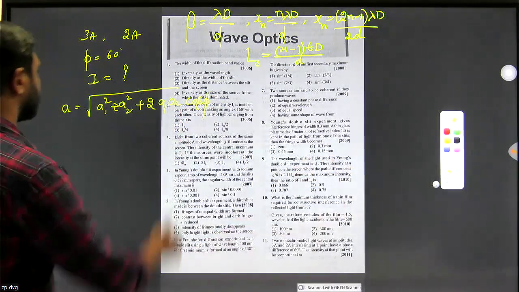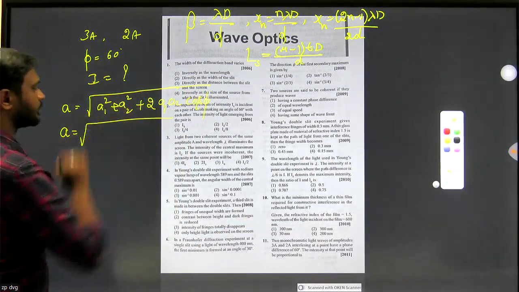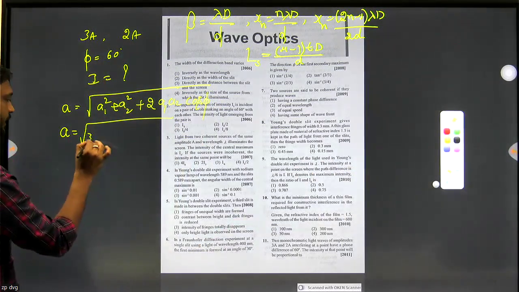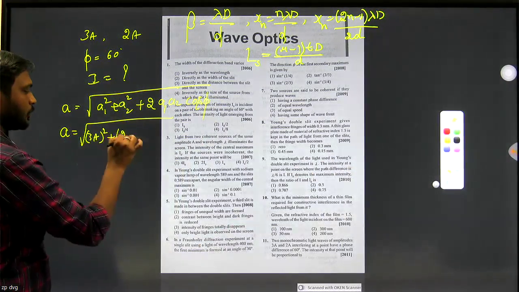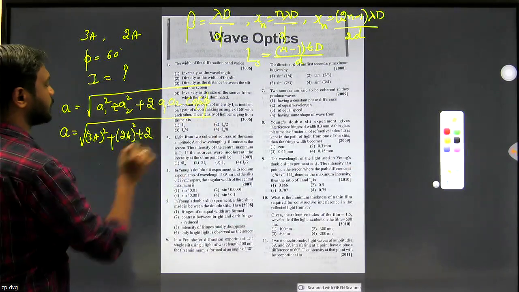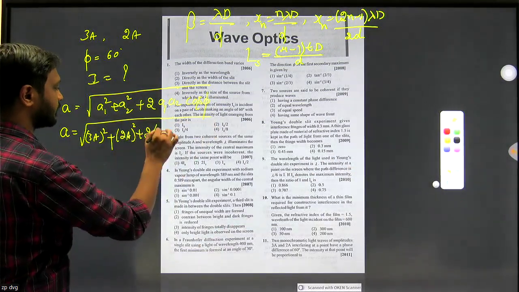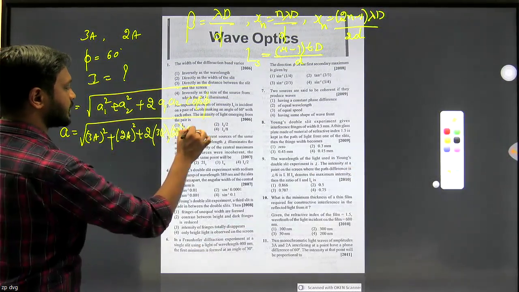Already we know that. So A equals square root of (3A) whole square plus (2A) whole square plus 2 into 3A into 2A cos 60.